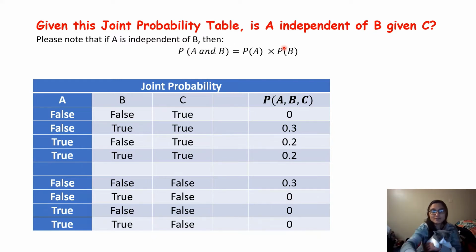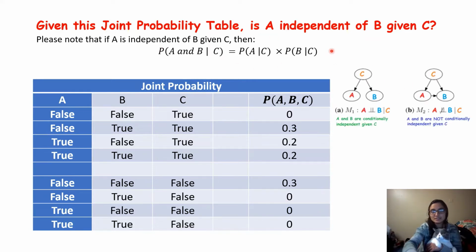So all we have to do is, to each of these probabilities, add the given C part. We take the same idea here and just add the given C, which is this part here.